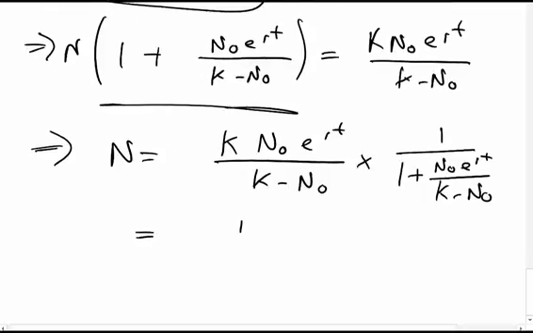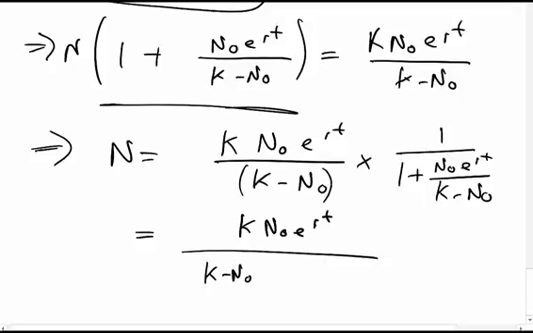So I end up with k n naught e to the rt over k minus n naught, multiply this through by the bottom, so k minus n naught plus k minus n naught times, my word, n naught e to the rt over k minus n naught. This is nasty.